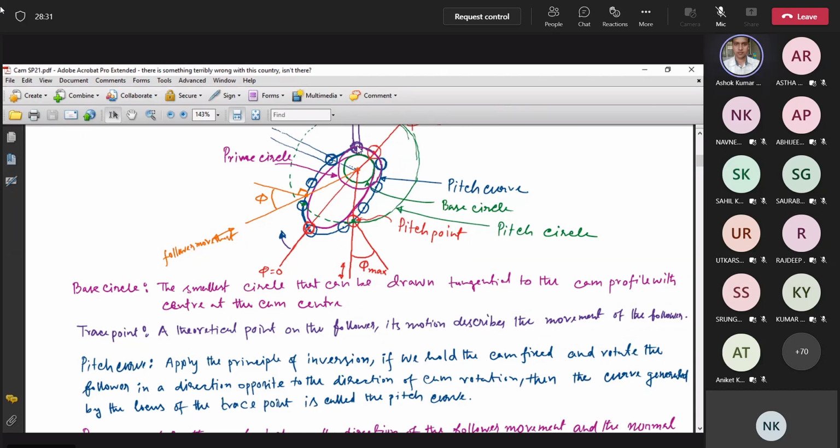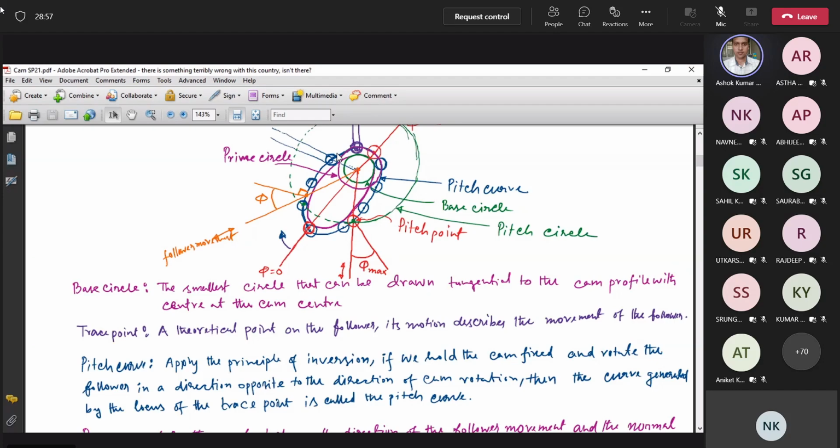You just have to draw the inverted positions. The locus of the trace point is the pitch curve. It is a theoretical point because for a roller follower you have some trace point, for a knife edge follower you have another trace point, and for a flat face follower the trace point is different.